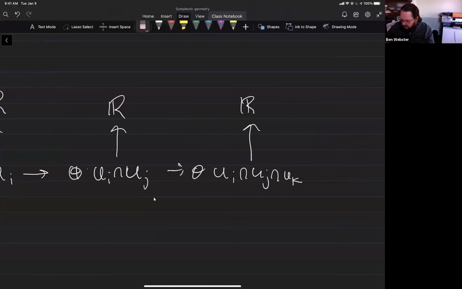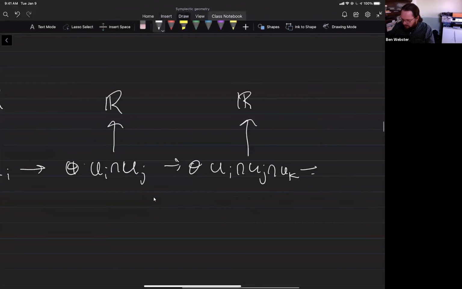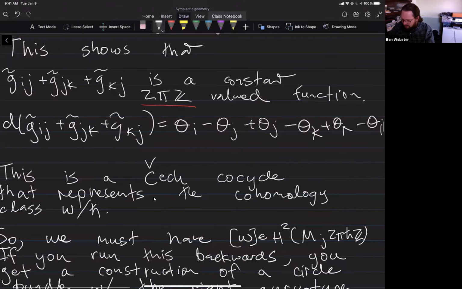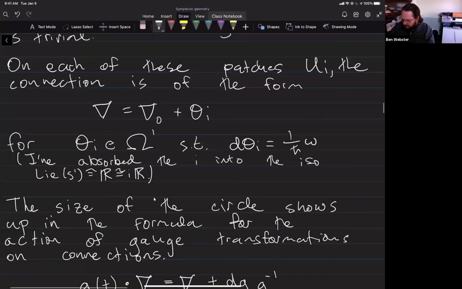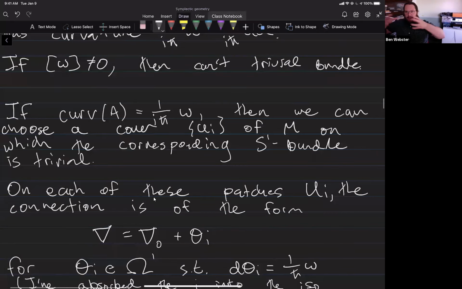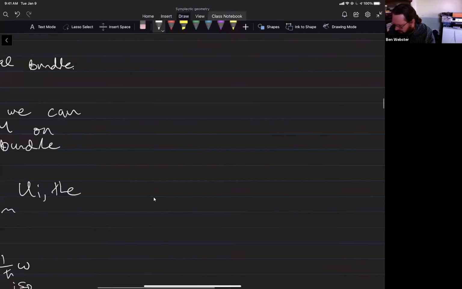And the equivalence you can kind of guess from this structure we have here, where on each of the U_i you can write your form as the derivative of something, and then you have some overlap, and you write the overlaps as exterior derivatives of things.